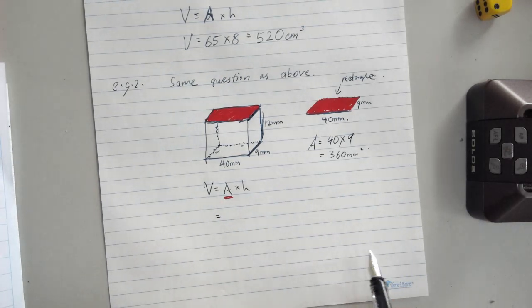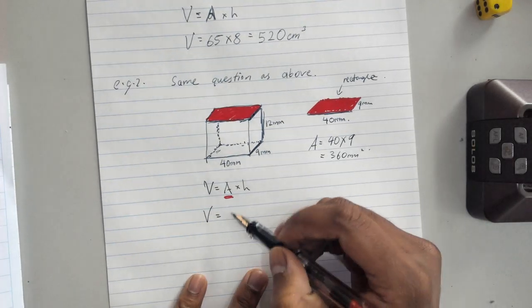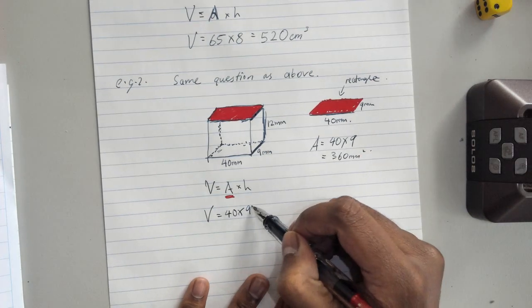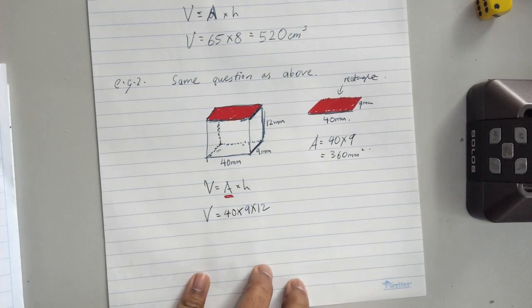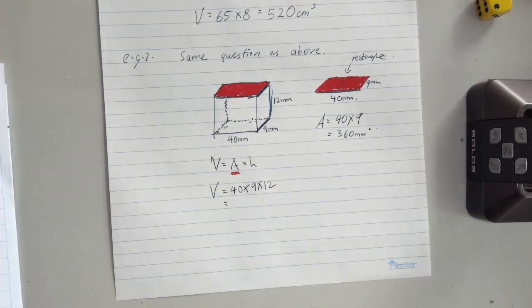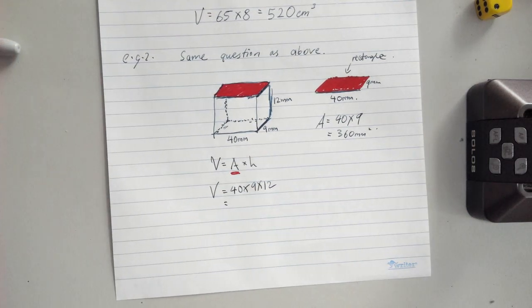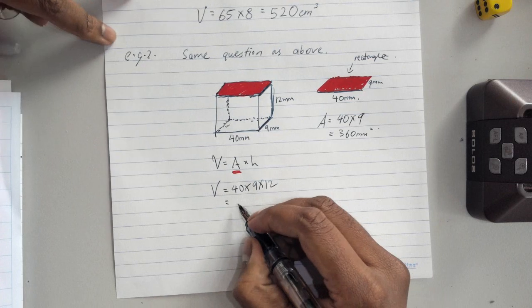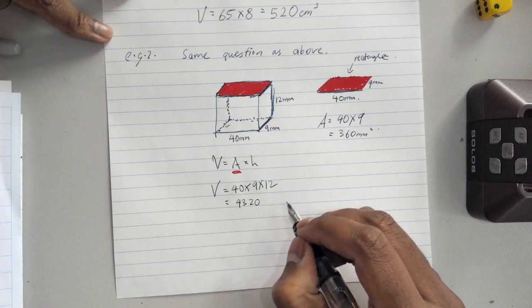So my volume is the area, which is 40 times 9, times 12. You can use your handy dandy calculator: 40 times 9 times 12. You can get 4,320.